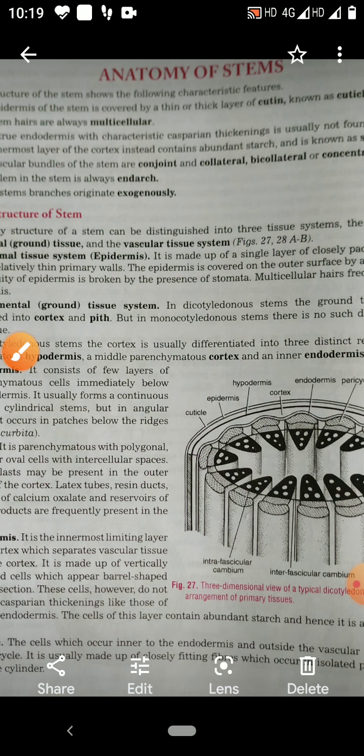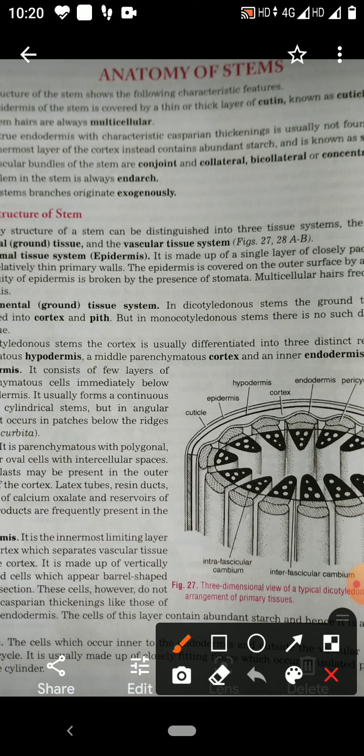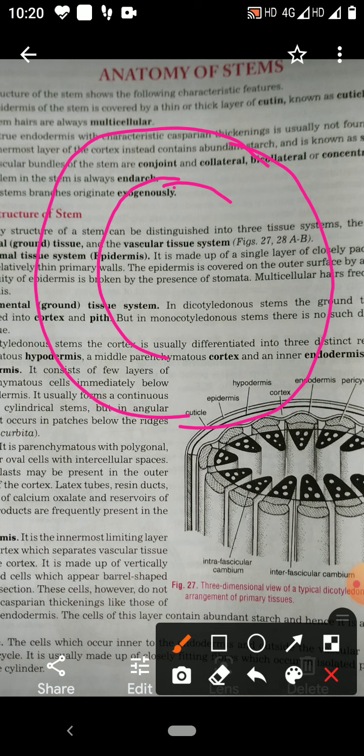So if you see the structure of the stem of the plant, you will find there is epidermis, then the cortex, then endodermis.